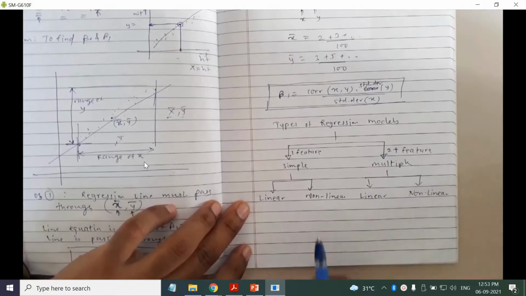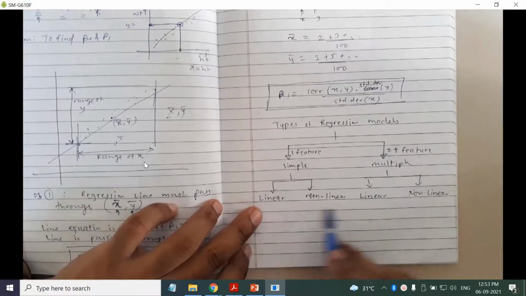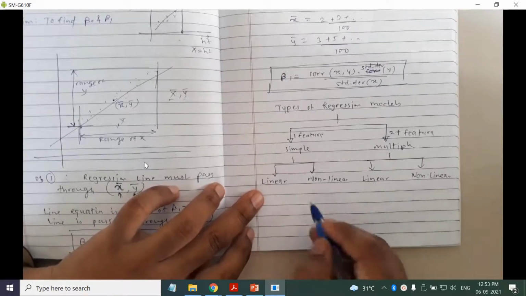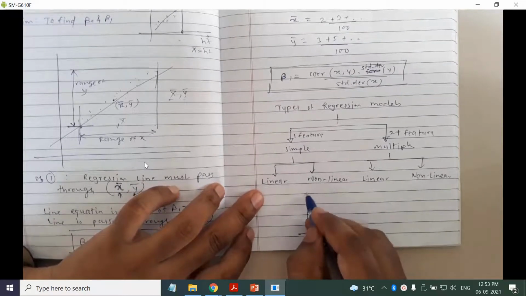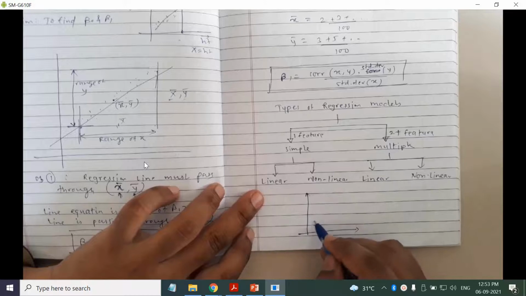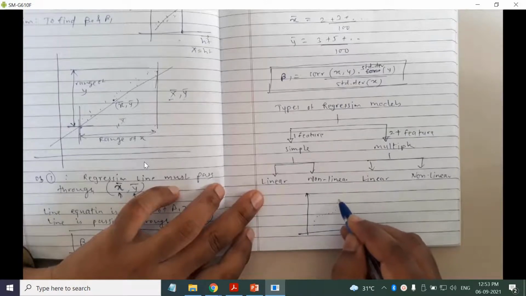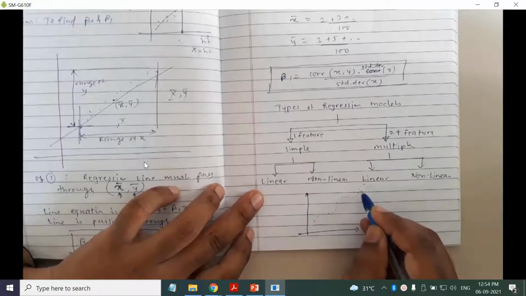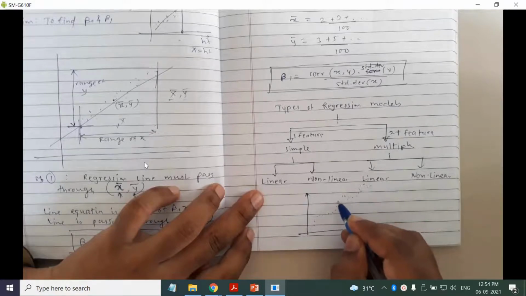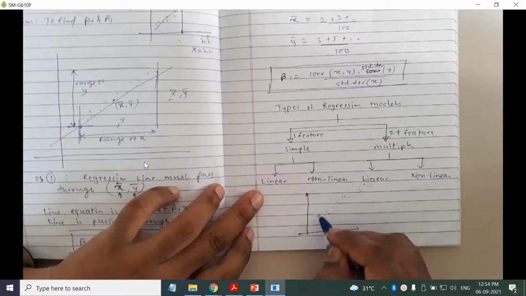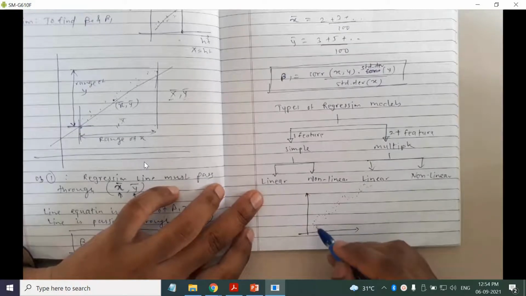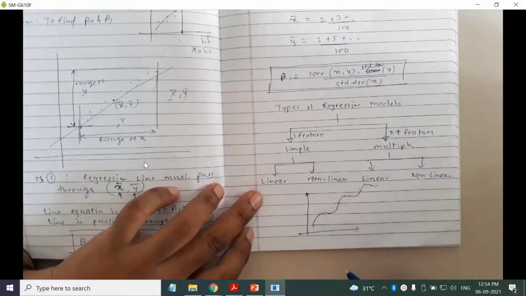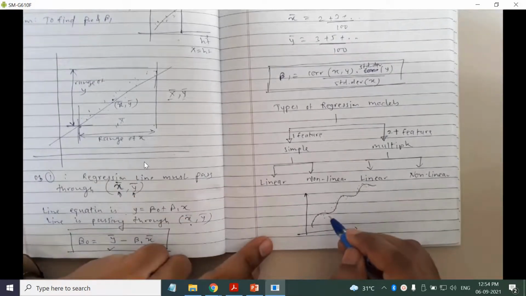Till now we have focused on only linear regressions, but you may have a non-linear regressor also. For example, if your distribution is following a sinusoidal pattern, your regression will be sinusoidal.